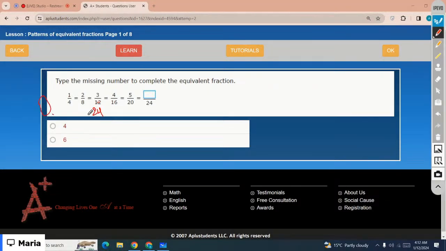Here you have 5, and 4 times 5 is 20. For the next one, 4 times 6 is 24. So 1 times 6 is 6. The missing number is 6. The correct option is 6. Very good.